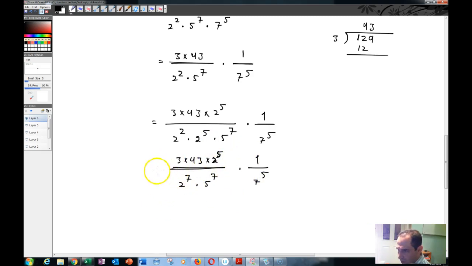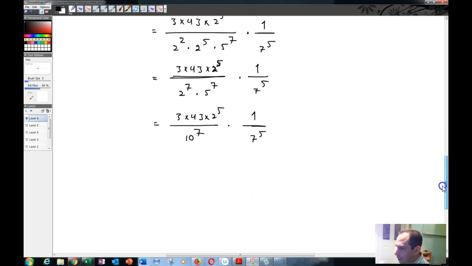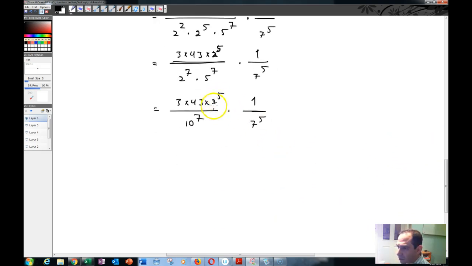And this is the same thing as 3 times 43 times 2 raised to the power 5 over 10 raised to the power 7 times 1 over 7 raised to the power 5. And then you have this number over here, 2 raised to the power 5, which is 32.